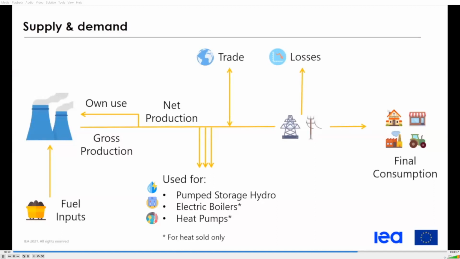At the end of the chain, for the demand, we would have the final consumption of electricity for residential, industries, etc. In addition to all those elements that will be in either physical units for the fuel inputs or in gigawatt hours, one can collect also the peak load and the capacity of this electric system, which are very good indicators to be used later on the development of the country.